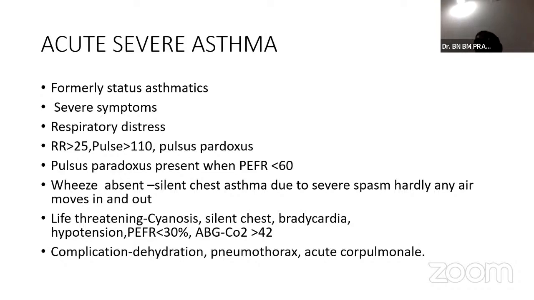And of course, acute right ventricular failure can also occur in case of acute severe, life-threatening asthma. Next slide, please.